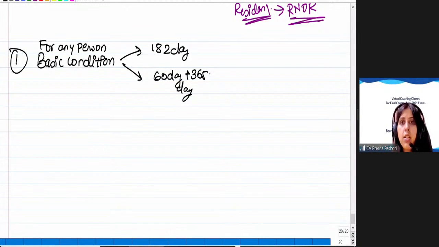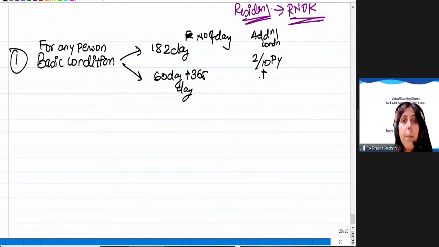So if these conditions are satisfied, he will be resident. Then we have to check the additional condition. What are the additional conditions? A resident in 2 out of 10 previous years plus greater than or equal to 730 days in 7 previous years. And then only he will become ROR. There is no income condition. Clear?